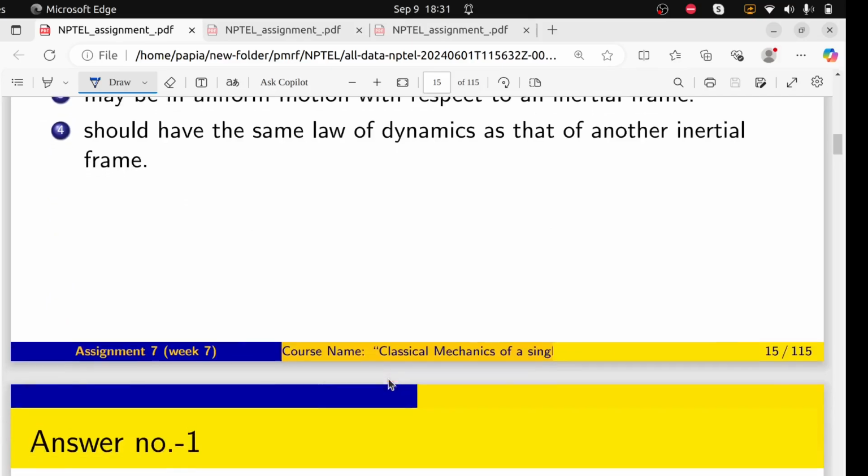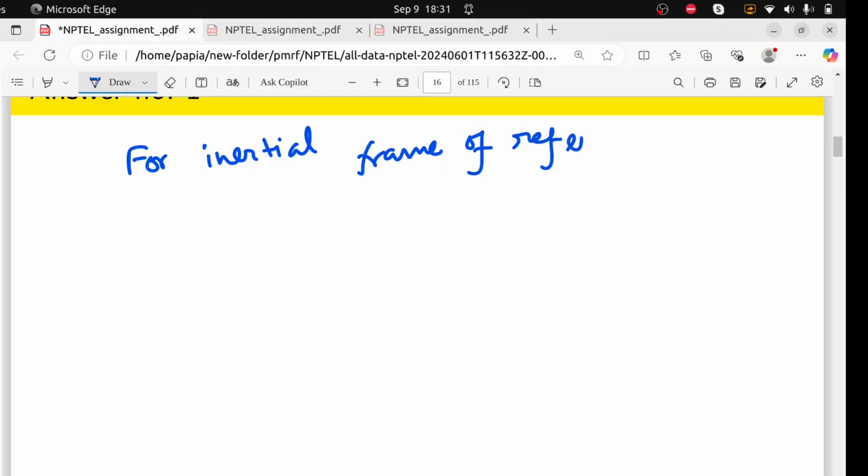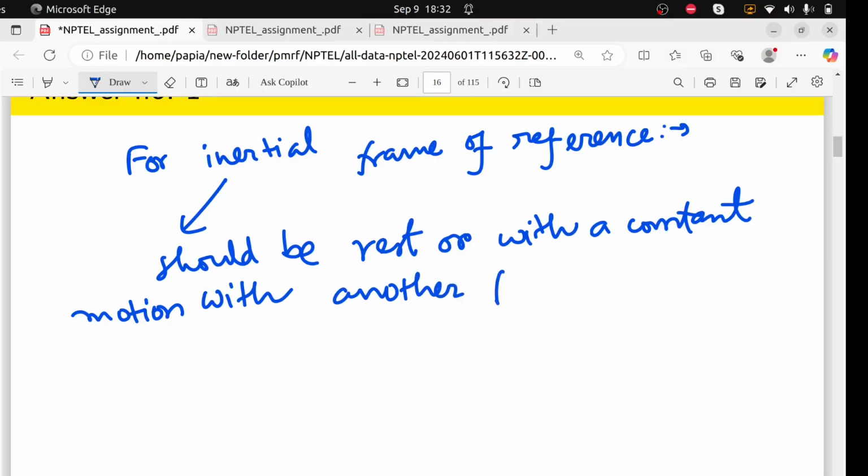First of all, I want to mention here that an inertial frame of reference should be at rest or in constant motion with another inertial frame of reference.